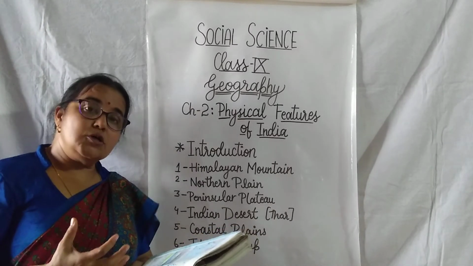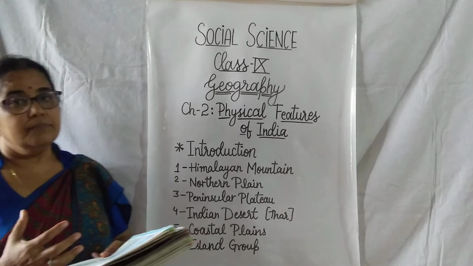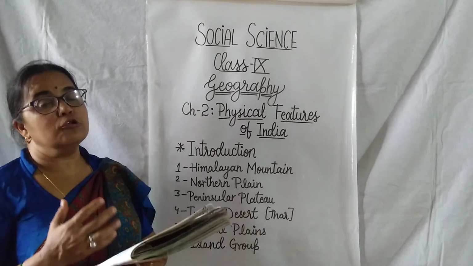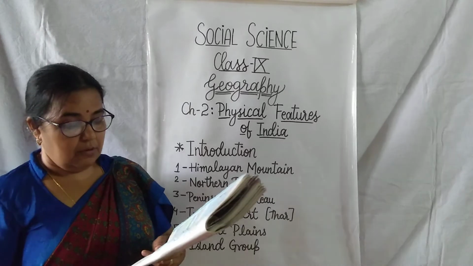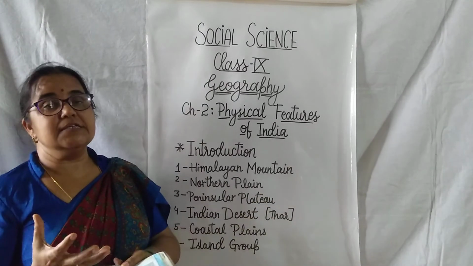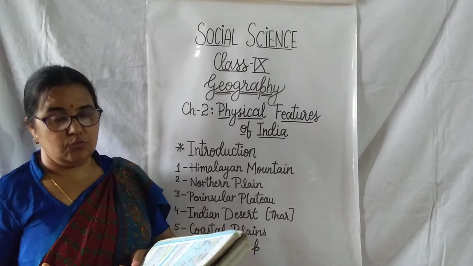And Himalaya, because it is not a very old landform, that's why the Himalaya mountain is also called a very unstable zone, only because it was formed some millions of years ago.